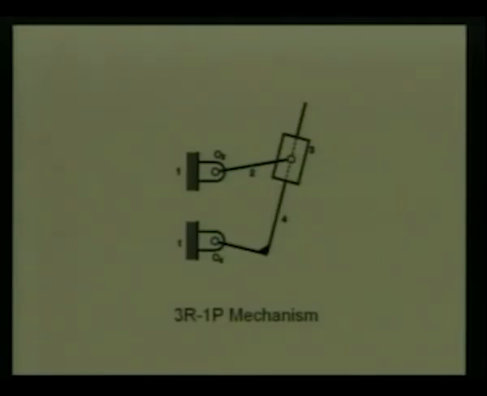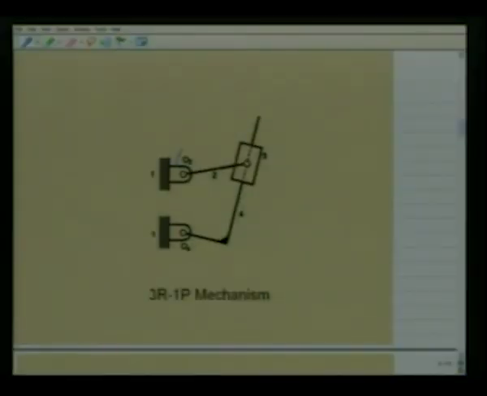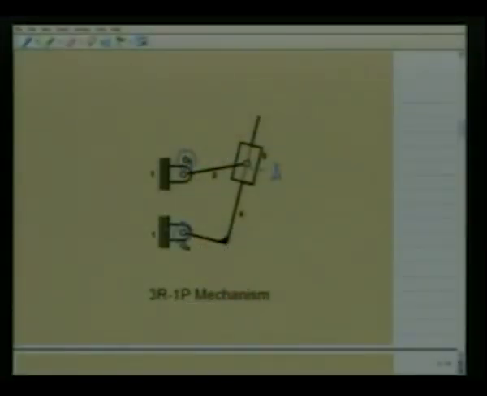Now let us consider different kinematic inversions which can arise out of such a 3R1P chain as shown in this figure. Here, as we see, there are 3 revolute pairs, namely at O2, O4 and say at A. Compared to the previous 3R1P chain, here the link 1, which is fixed, has revolute pairs at both ends, that is at O2 and O4.